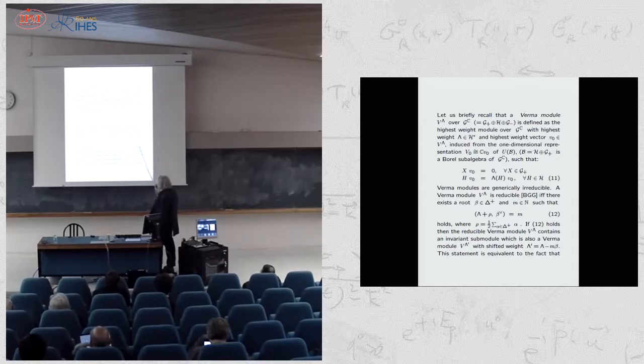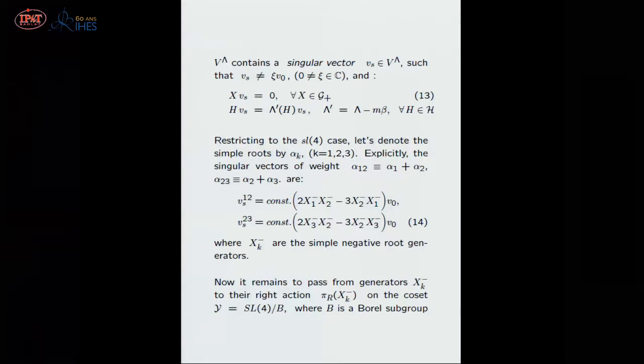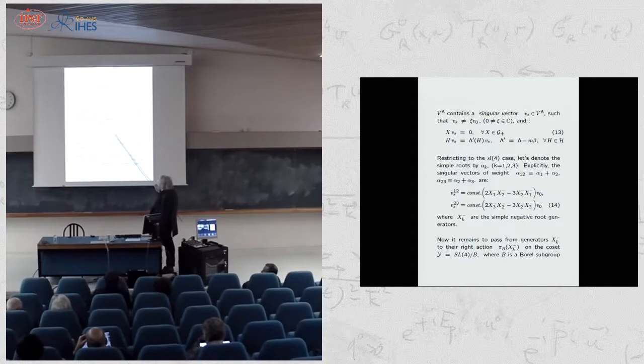And then, if this holds, then the Verma module V lambda contains an invariant submodule V lambda prime, where lambda prime is the shifted weight. And, of course, there is a singular vector in V lambda, which has a similar property as the highest weight vector, but with the shifted weight.